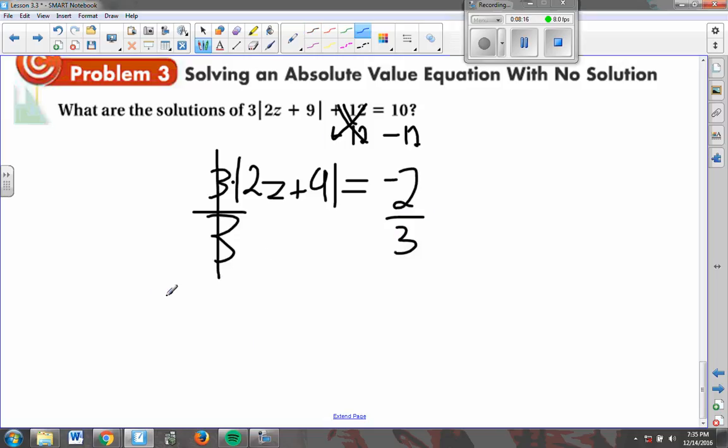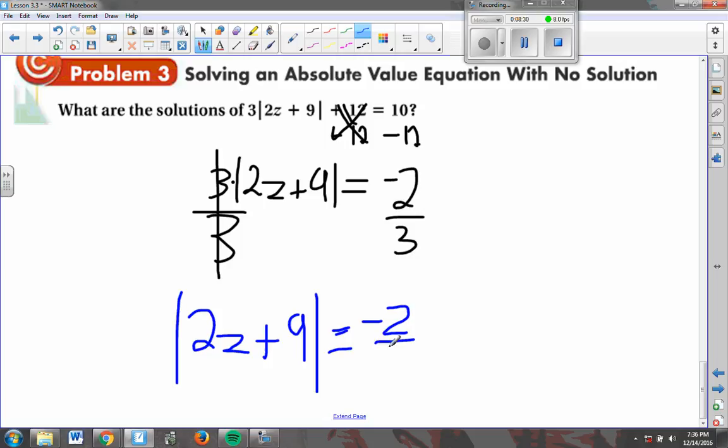So what's left is the absolute value of 2z plus 9 is equal to negative 2/3. But immediately I see a problem, because the absolute value of whatever this is can never be negative 2/3.